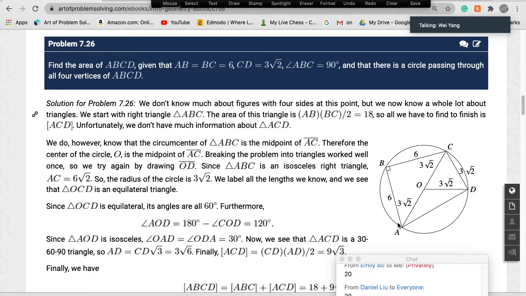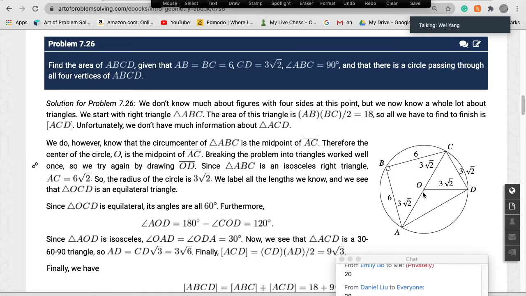They give you AB equals BC equals 6. Then they also give you CD, which equals 3 times root 2. And then they said there's a circle passing through these 4 points, right? Now they ask you A, where's the center? Where's the O?